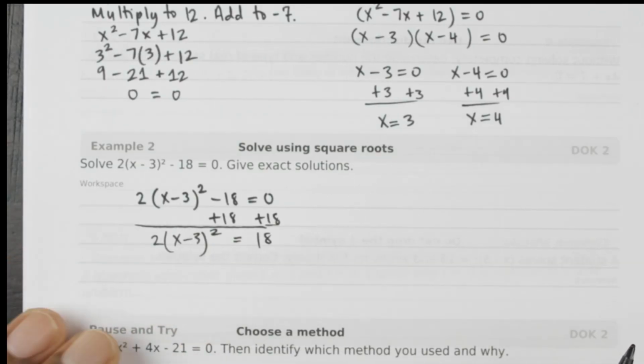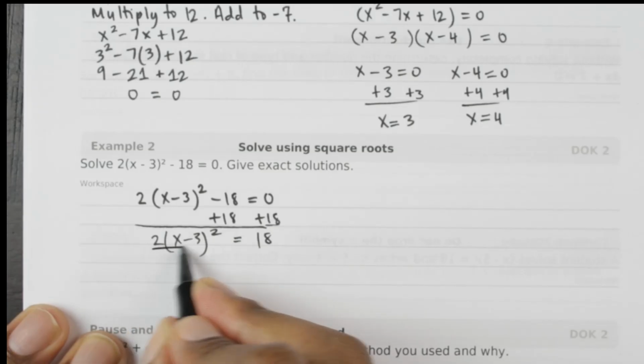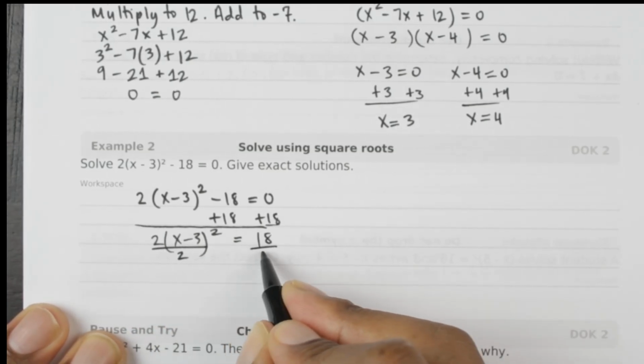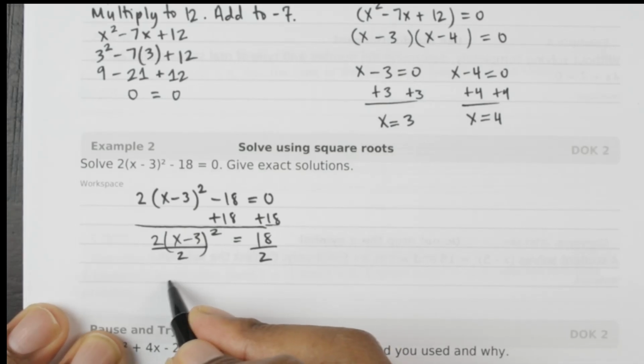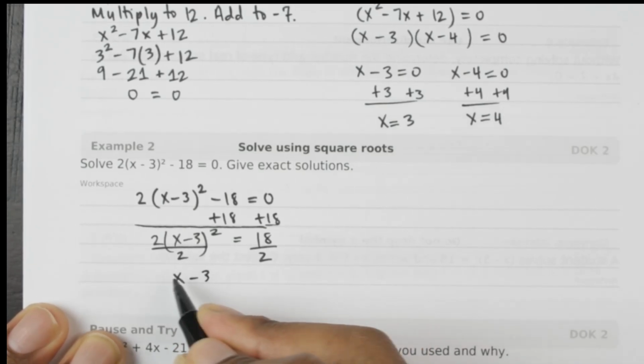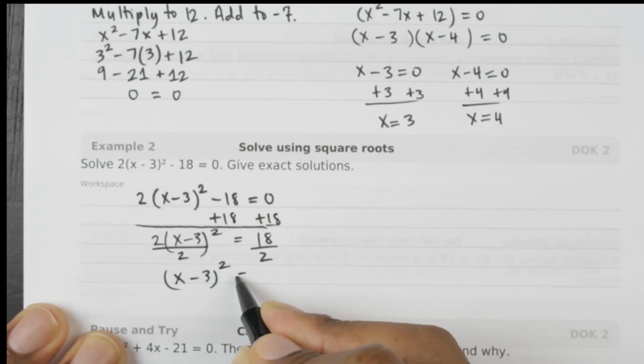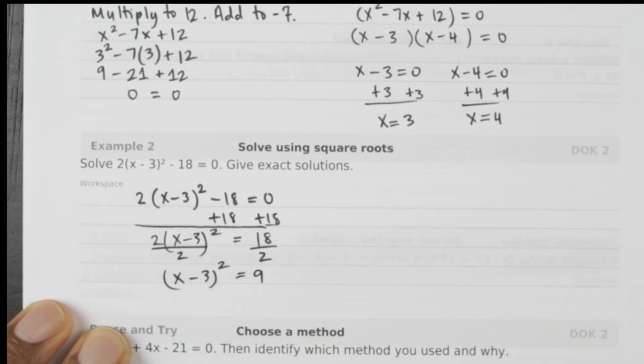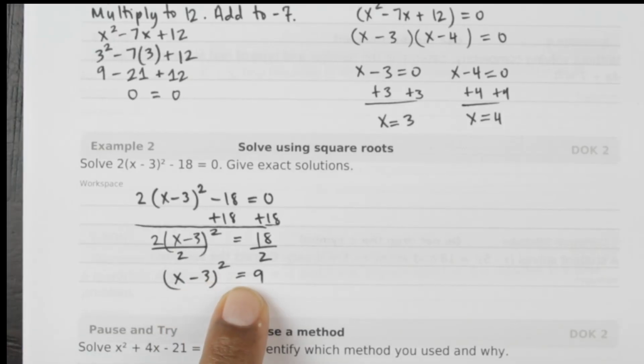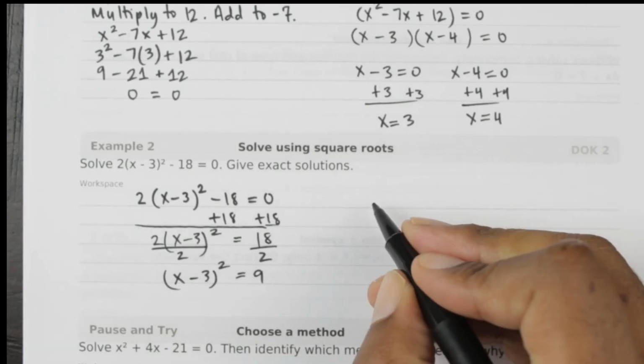Then we want to divide both sides by 2, and we have x minus 3 squared equals 9. Now we need to take the square root of both sides to get rid of the power of 2. So I'm going to do that up here.